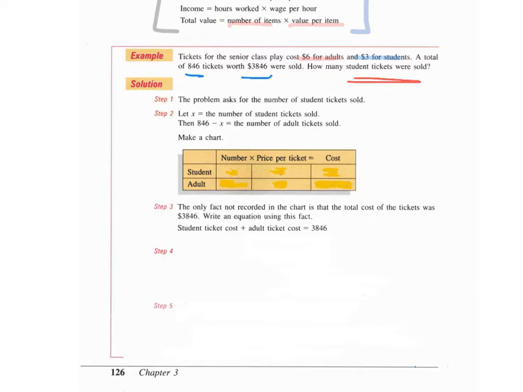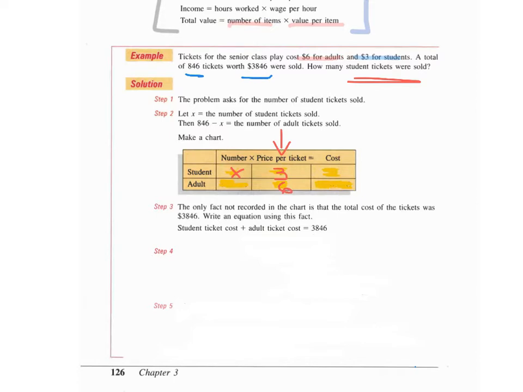So notice the last thing we read was how many student tickets were sold. So that is going to be my variable. So I'm going to put an X in there. Notice the price per ticket, this middle column. We already know how much each one of the tickets cost. We know student tickets cost $3 and adult tickets cost $6.